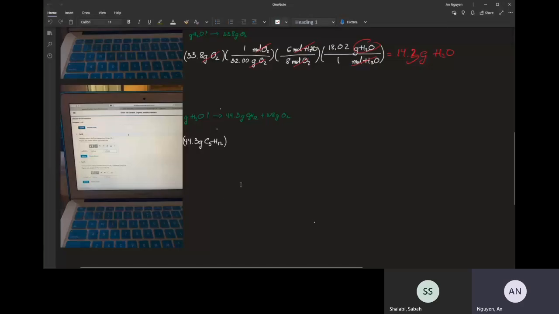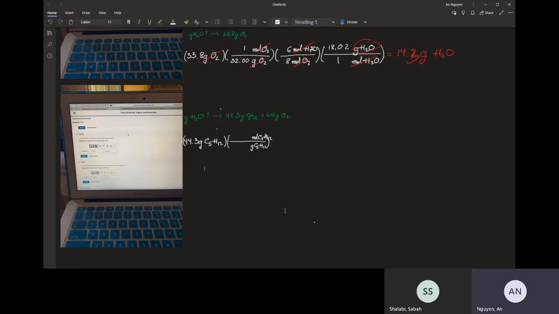Okay, so I'm going to start with 44.3 grams of C5H12, which is the first reactant. I'm going to convert that to grams of H2O. So first I have to convert that to moles: moles of C5H12 on top, grams of C5H12 on the bottom.